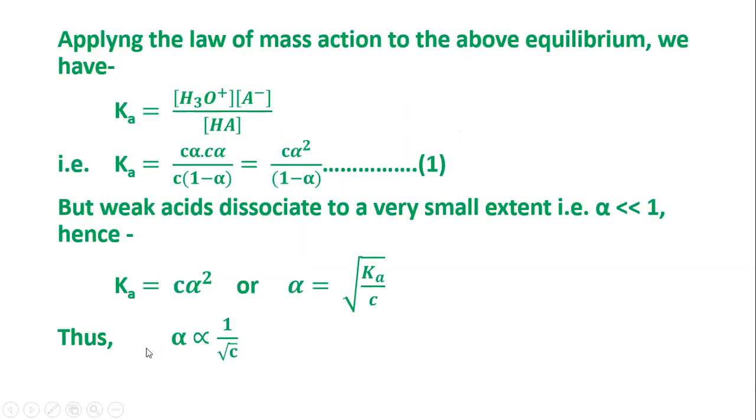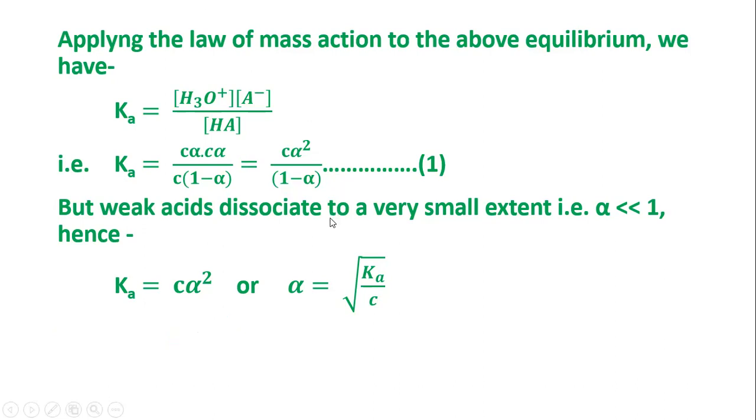This particular equation is nothing but the mathematical form of Ostwald dilution law, which says that the degree of dissociation of a weak electrolyte is inversely proportional to the square root of its concentration.